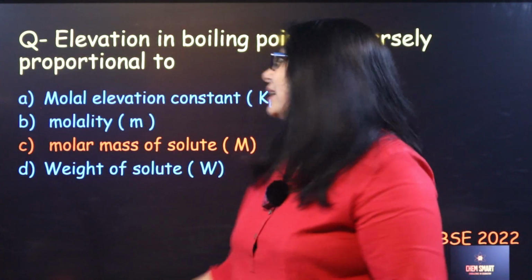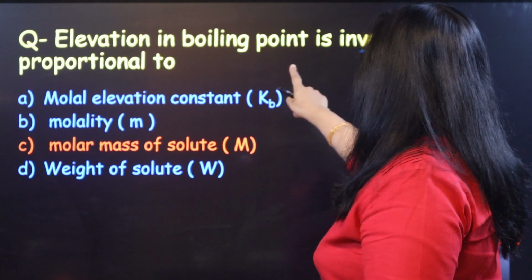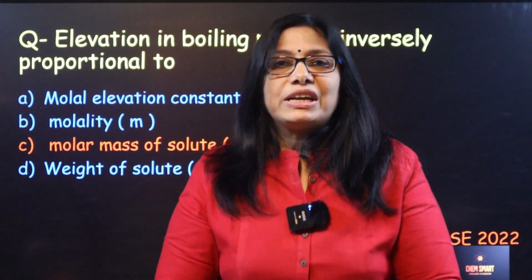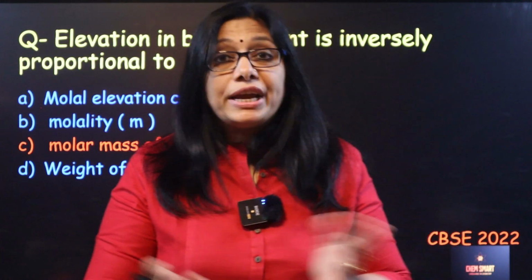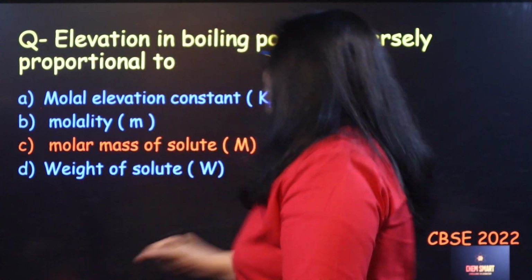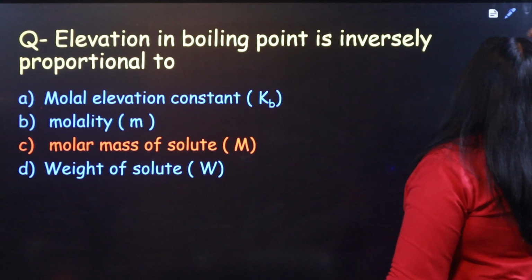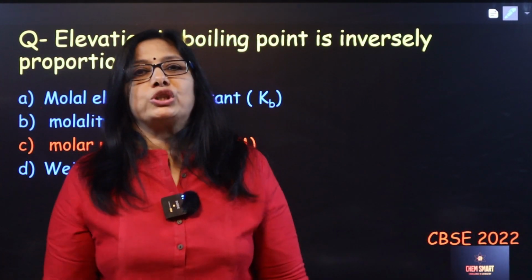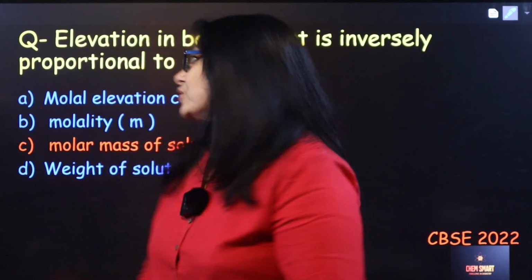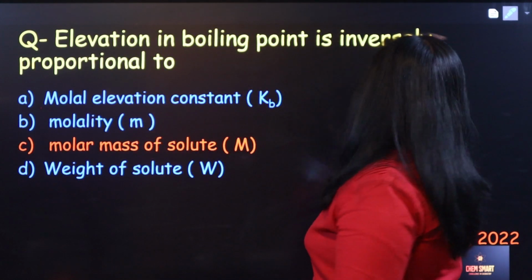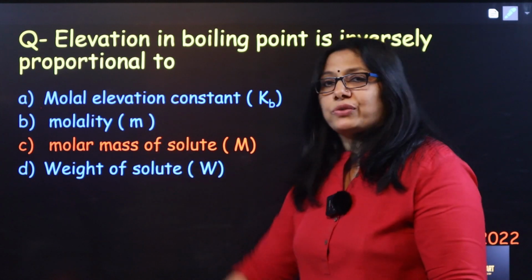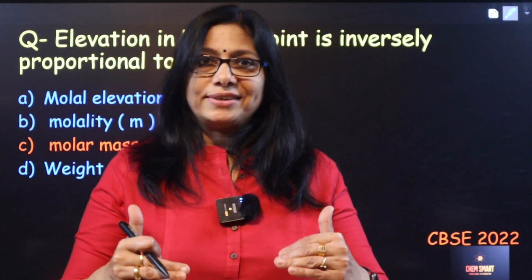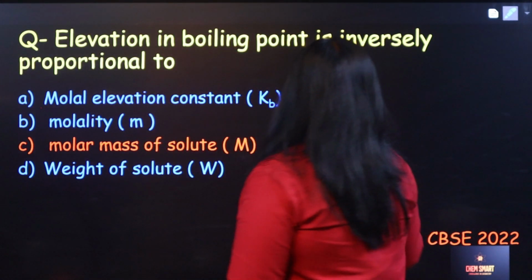Next question. Elevation in boiling point is inversely proportional to. Elevation in boiling point is a colligative property, right? So you have studied colligative property is inversely proportional to molar mass. So the answer will be inversely proportional to molar mass of the solute. But I will show you mathematically how you get it. Just see.